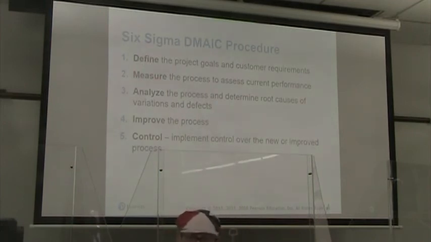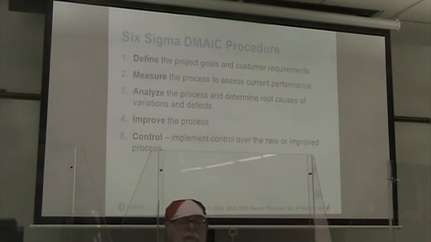So our statistical process of Six Sigma is paired with an iterative process for improvement. The first step is define. We define our project goals, our customer requirements, and what we're going to measure. Second, we measure the process and assess the current performance.